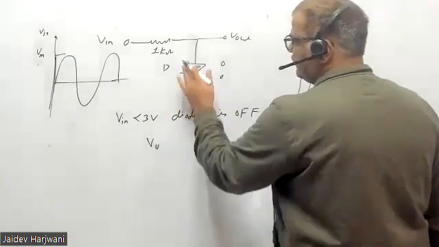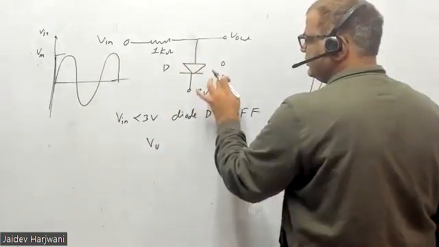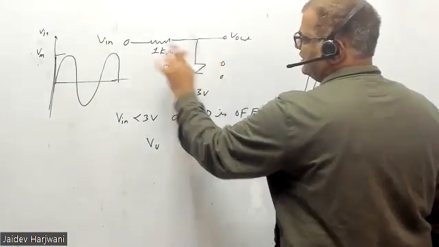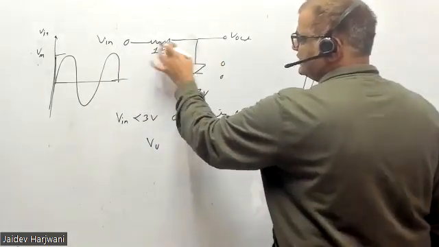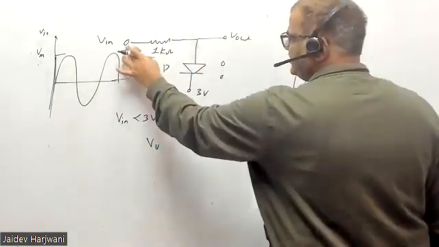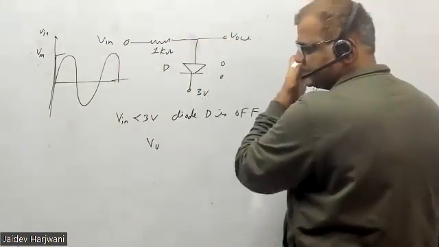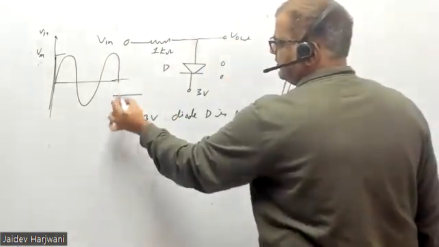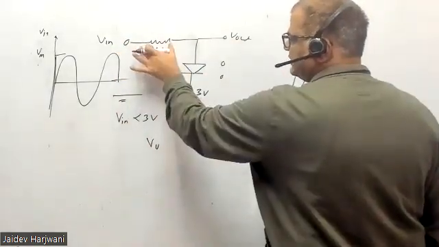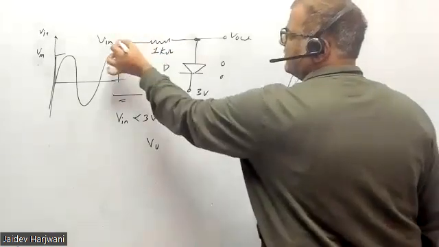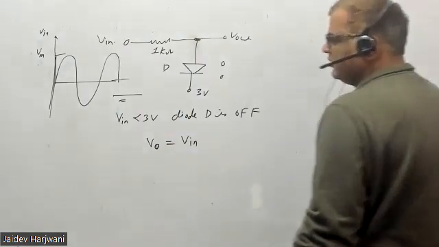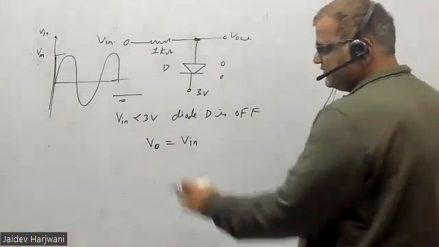If no current is flowing, this is open, so there is no voltage drop here or across the resistor. Whatever voltage is here automatically comes down to here, and this voltage will be equal to V input. So your V output will be equal to V input whenever it is less than 3 volt.